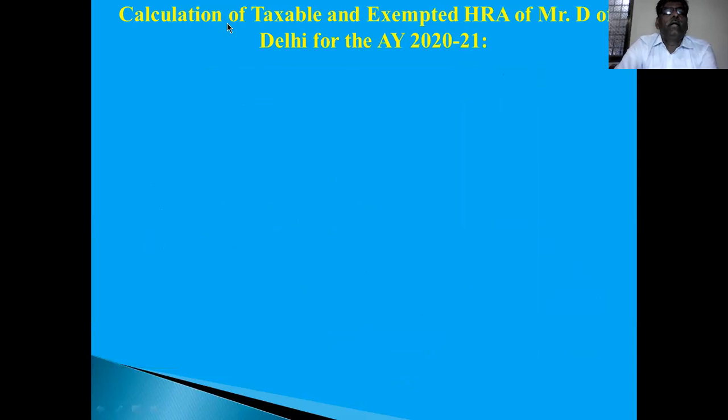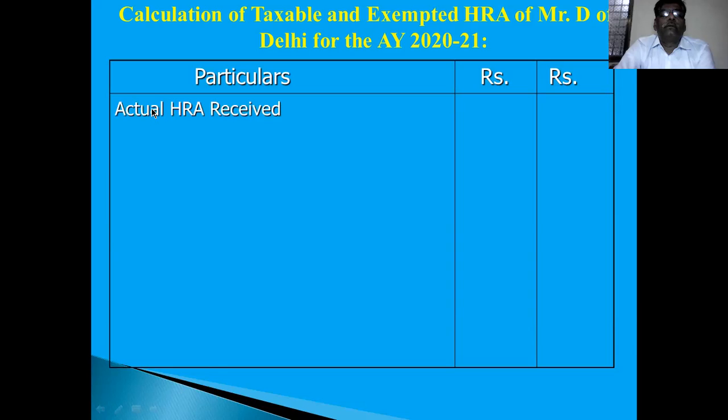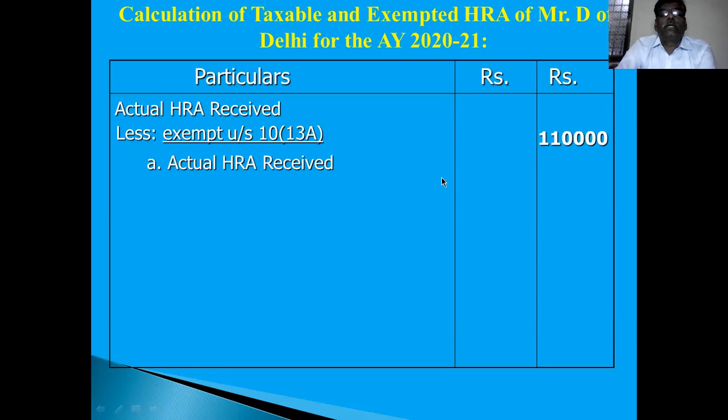Okay, D of Delhi. You see here. Taxable and exempted HRA of Mr. D of Delhi for the assessment year 2020-21. This is a chart. Actual HRA received is 1,10,000. Less exempted HRA. Actual HRA received, first point, 1,10,000.